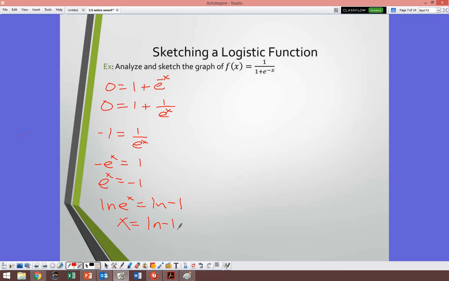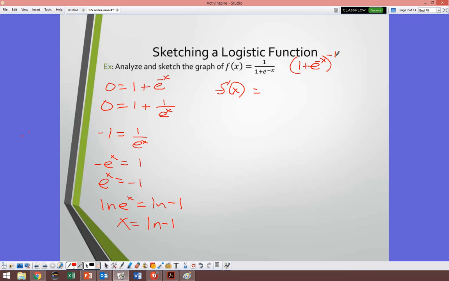All right, you know what? F prime of x. How do you want to do this? Do you want to do a quotient or do you want to do chain? Definitely chain. If I were doing chain, I'm going to move the whole thing up, right? So it's going to be 1 plus e to the negative x, to the negative first.